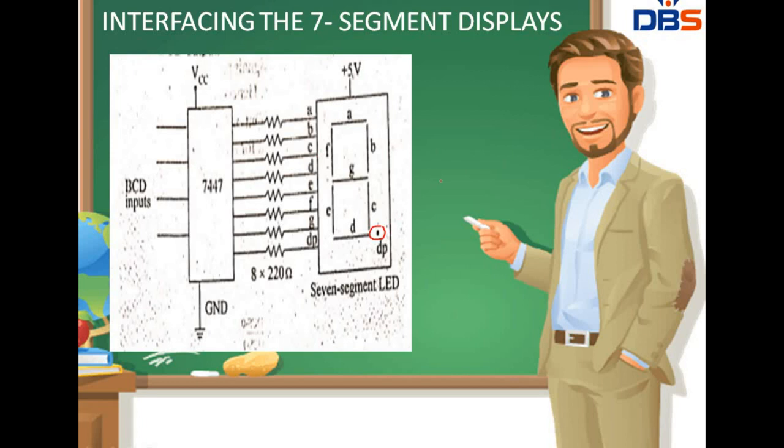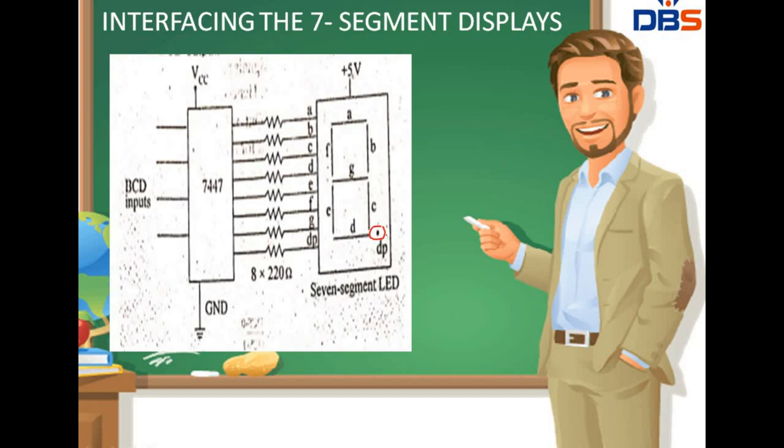The displays are ready for use in the form of a single DIP, that is dual inline package, and the package contains 8 pins, one for each of the 7 segments. Here we have pins 1, 2, 3, 4, 5, 6, 7, 8, one for each line.